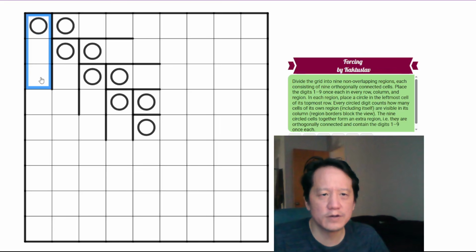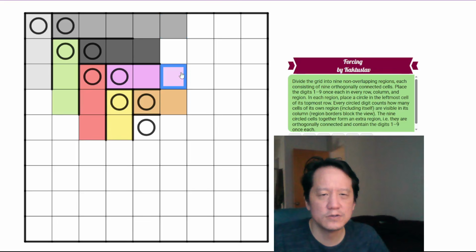Okay, so how does this work? We have light. This is green. This is red. We'll have yellow here. This is orange. We'll have pink, dark, medium. So medium must extend. Dark then has to extend.